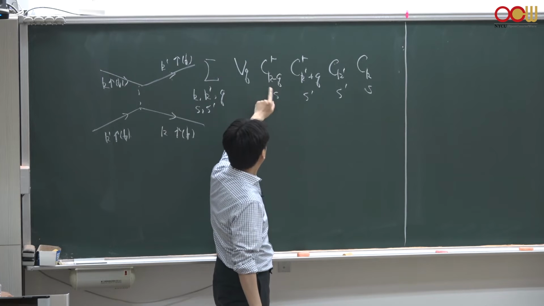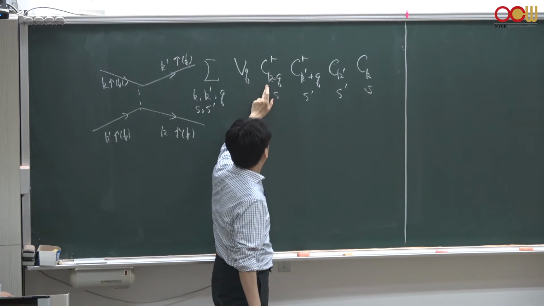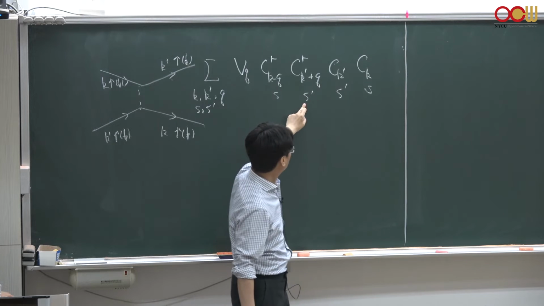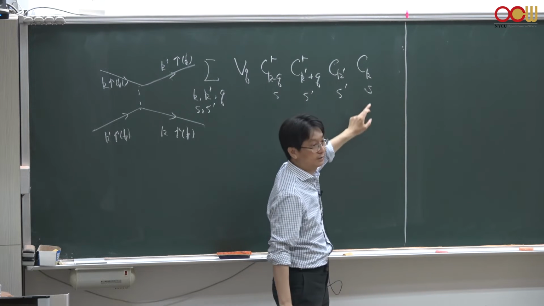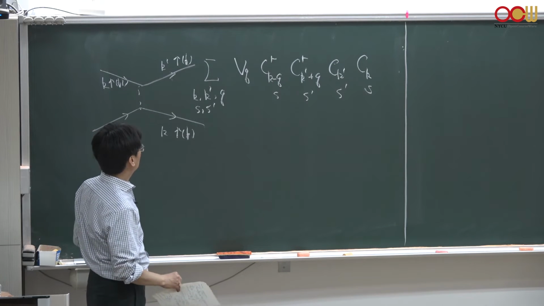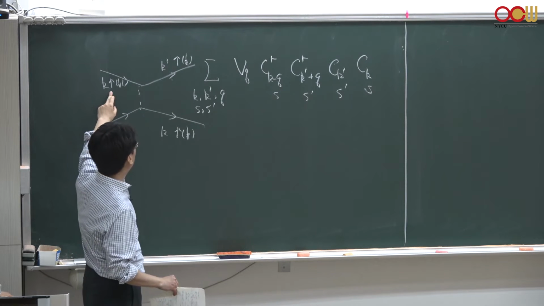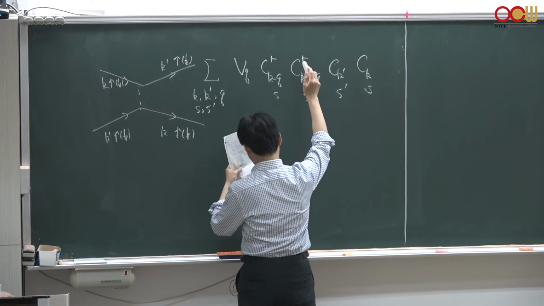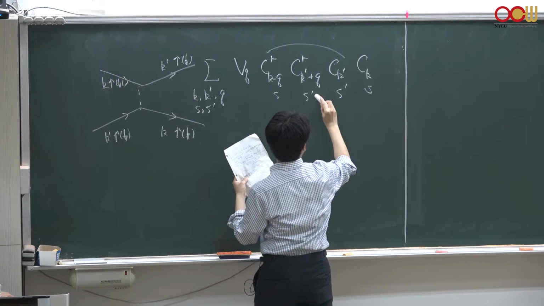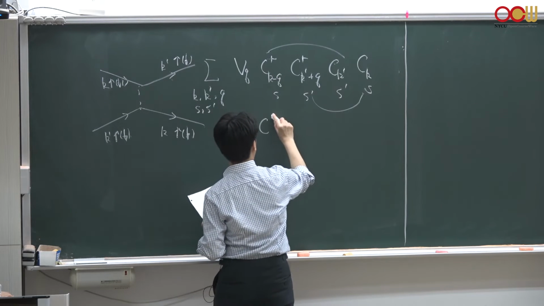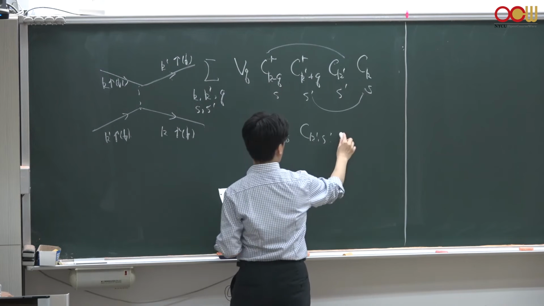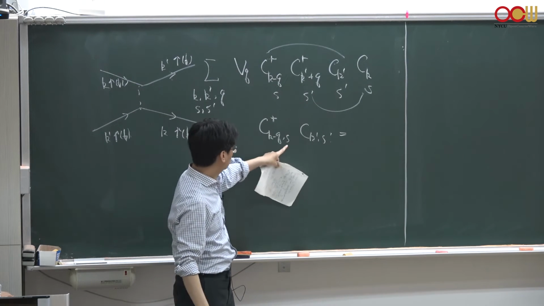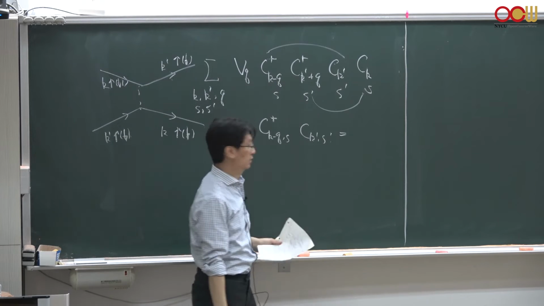Suppose the first operator, C dagger K minus Q, carries spin S, and the next carries K prime, S prime, and K prime, S prime, and K S. When we exchange these two, we get the condition that S and S prime should be the same. Remember that, right? When we pair them up, not only should the momentum match, the spins also need to be matched.